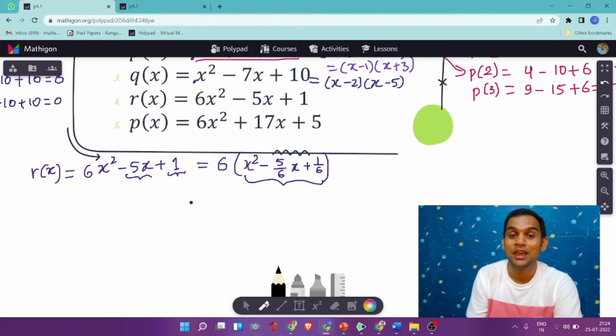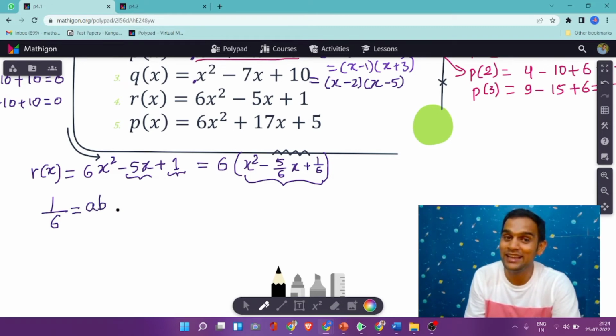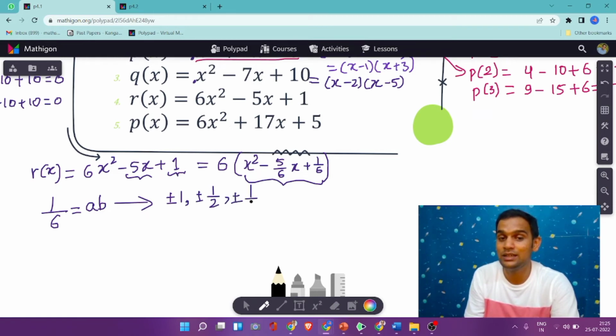That means 1 by 6 over here, this equals a times b. That means a is a factor and b is also a factor, right? So, fractions. What are the factors of 1 by 6? We will take plus minus 1 by 1, plus minus 1 by 2, plus minus 1 by 3, and plus minus 1 by 6.